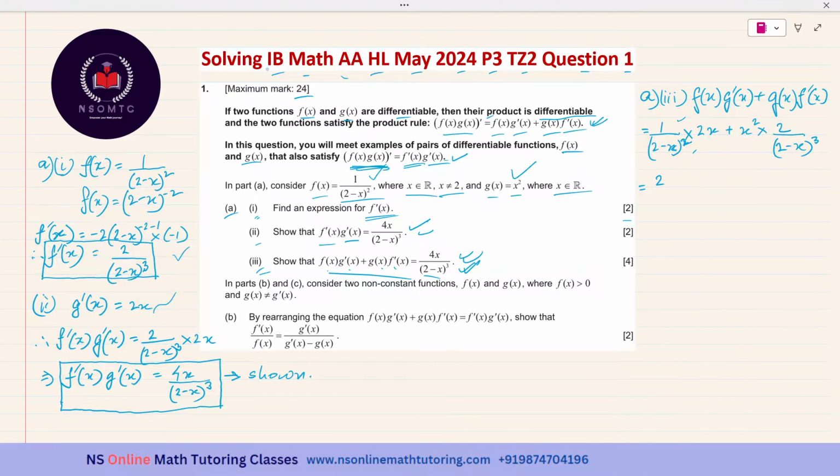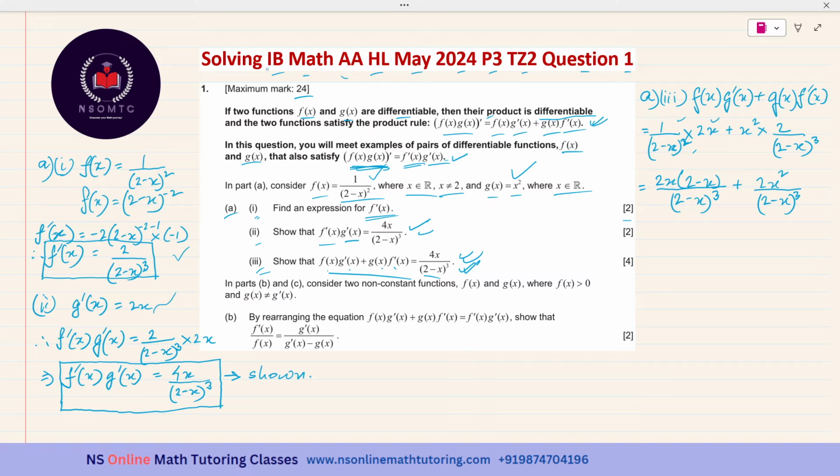So I am writing 2x over (2 minus x) whole cubed plus 2x squared over (2 minus x) whole cubed.